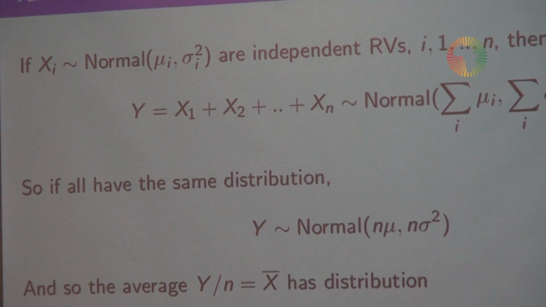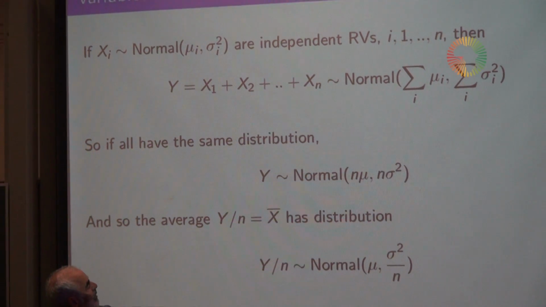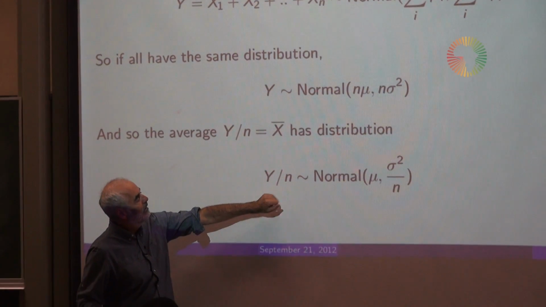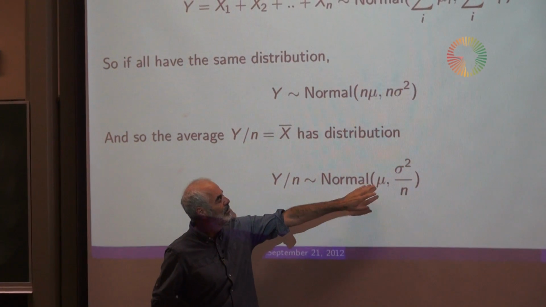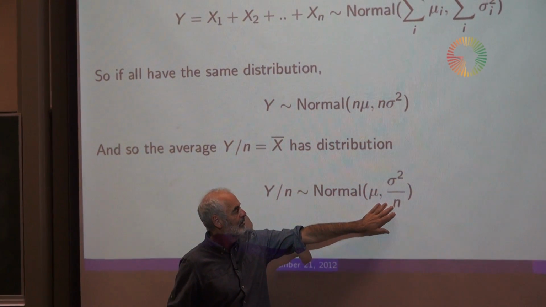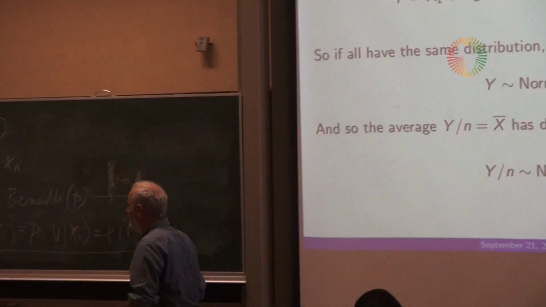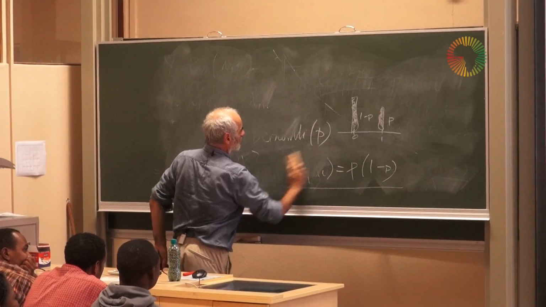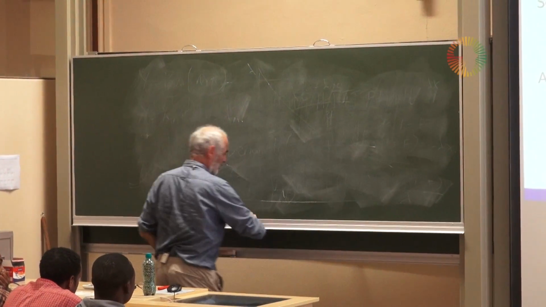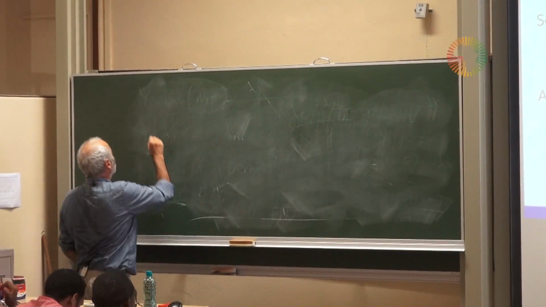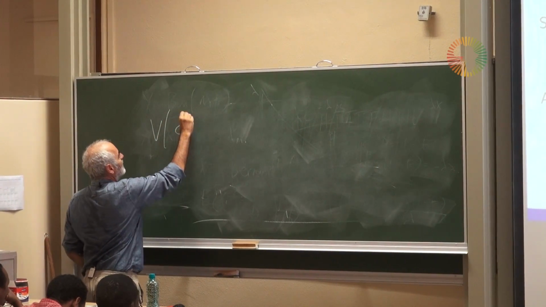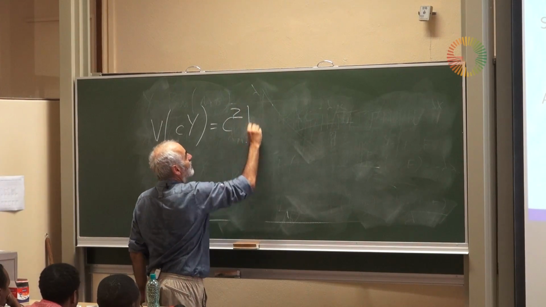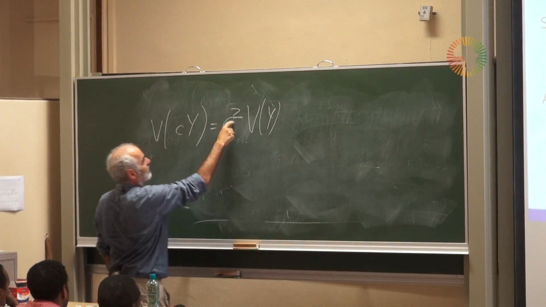Now, and this is the really important thing, x bar, the average of them, has distribution normal with mean mu and variance sigma squared over n. Now, why is it sigma squared over n? We've got to go back to our old rules. The old rule was that the variance of cy for any c was c squared times the variance of y. You take the square out of it.